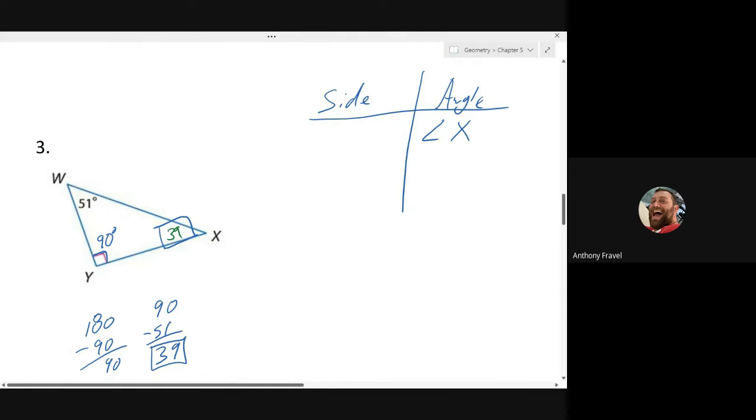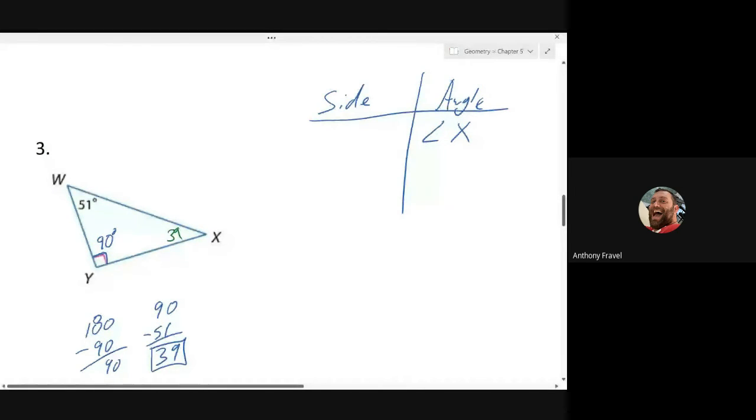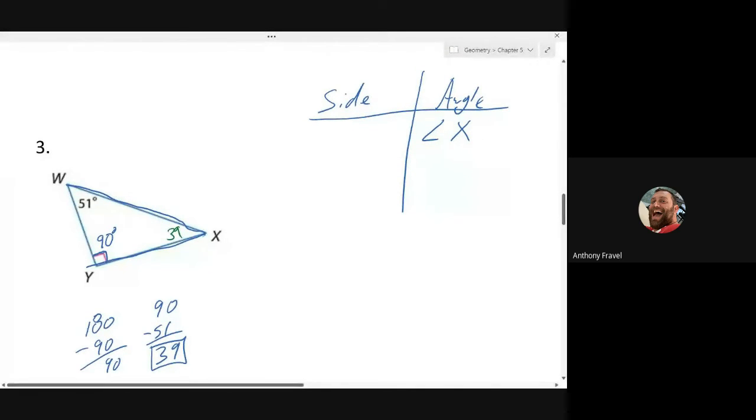I need to look at the line segment that is completely across from there. Perfectly across from the 39, where I have angle X, because that's my smallest angle, it's going to be the other two letters. So I've got line segment WY, because that's opposite of where that X is.